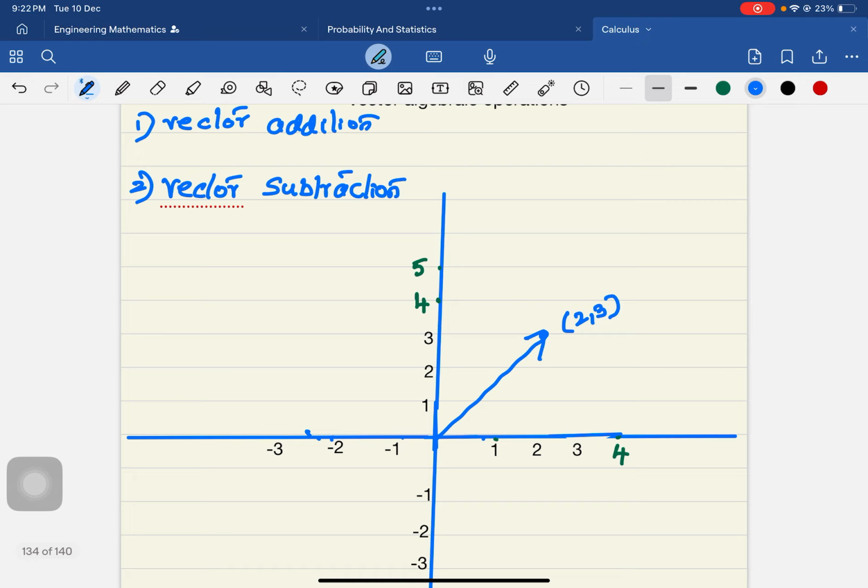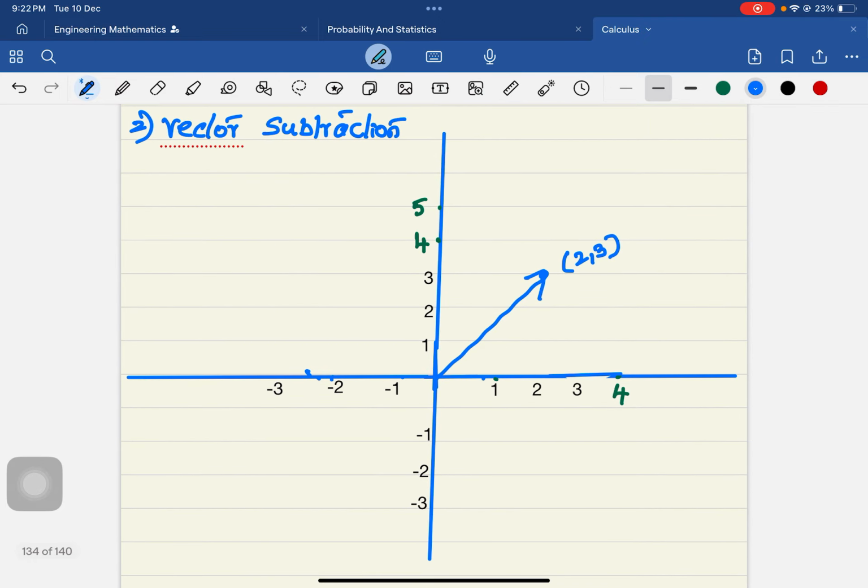I call this vector u bar. And I want to see one more vector, (4, 1). That is another vector. Let us call this vector v bar.